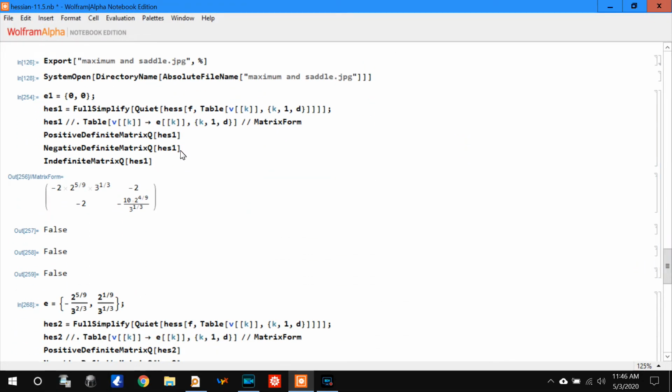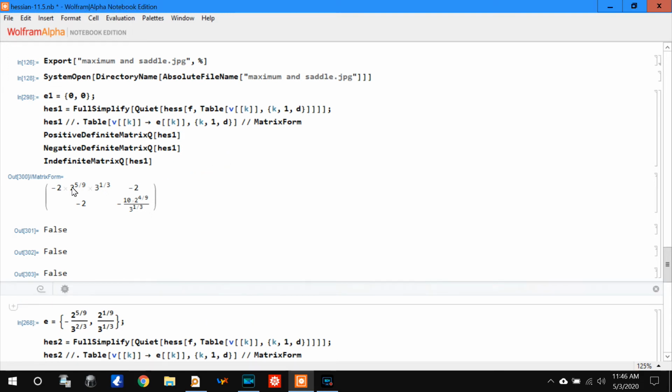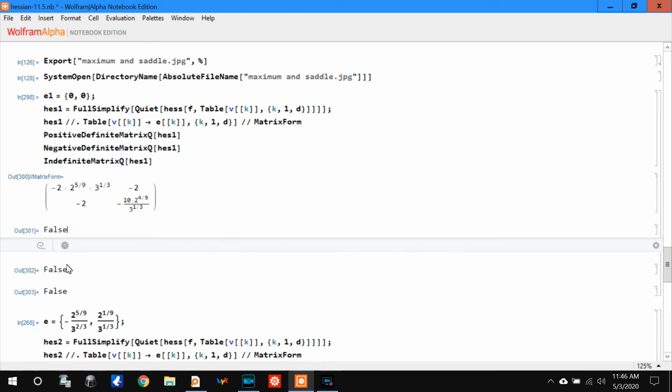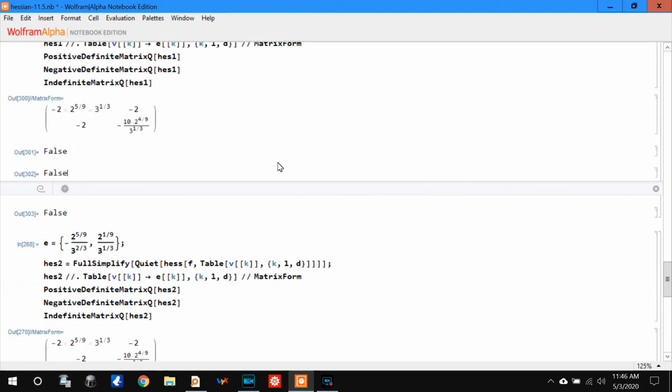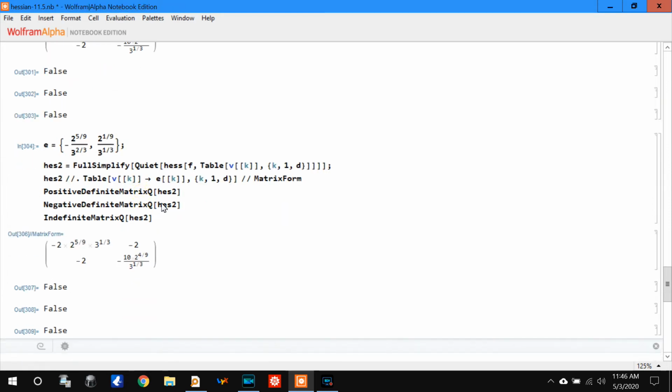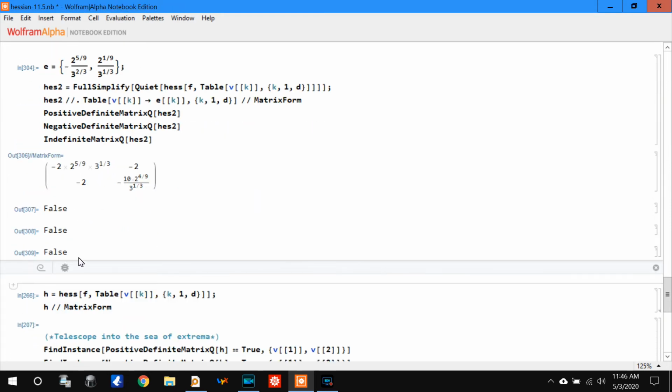And at 0, 0, one of the stationary points, the Hessian is this. And I asked if it's positive definite, negative definite, or indefinite. It's none of the above. It's false for all three. And then this point, yeah, it's neither positive definite, negative definite, nor indefinite, and that Hessian is kind of interesting.